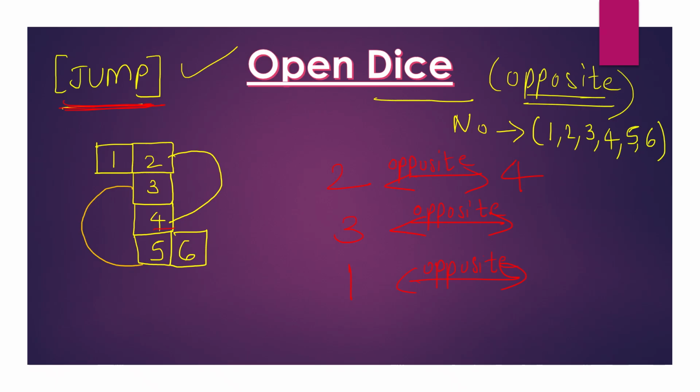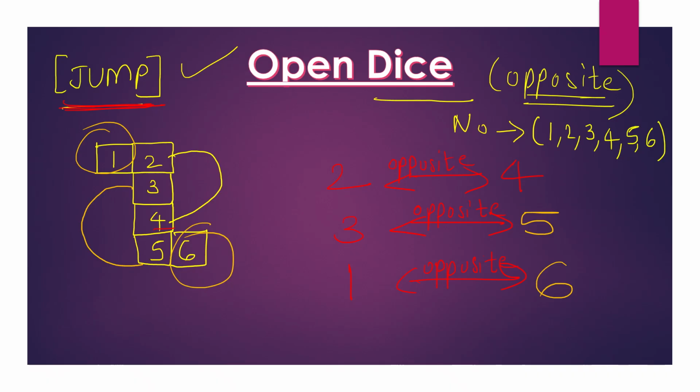And then what is remaining will be the opposite of that. 1 and 6 are remaining, so they will become the opposite of each other. Opposite of 1 will be 6. So whatever outer open dice numbers are present on it, that becomes the opposite.